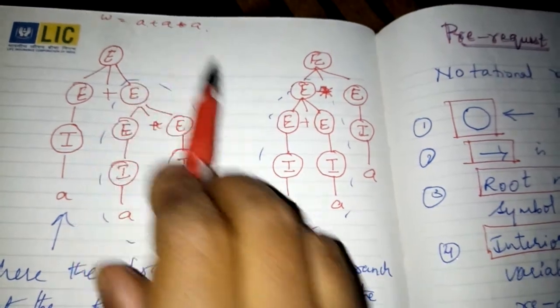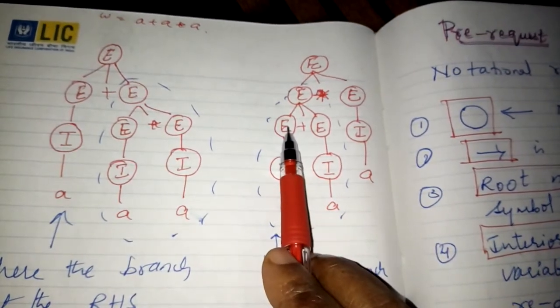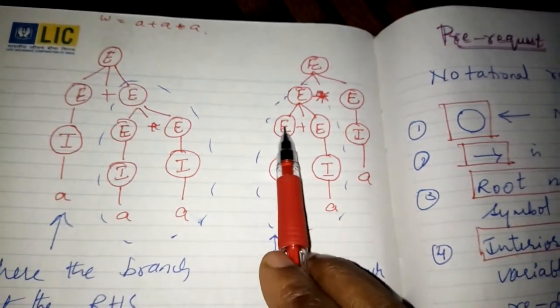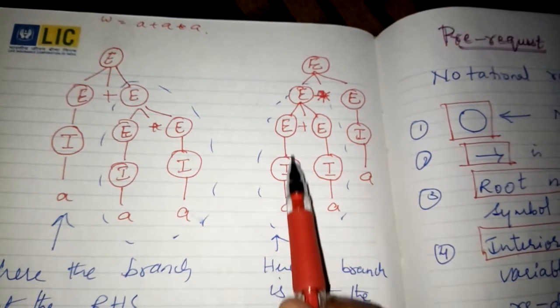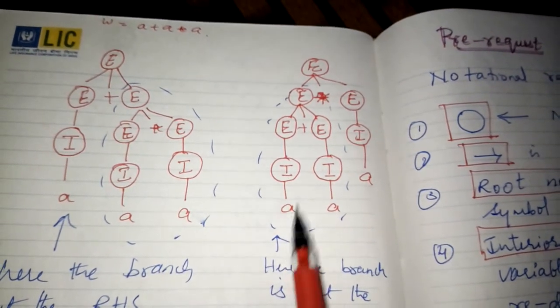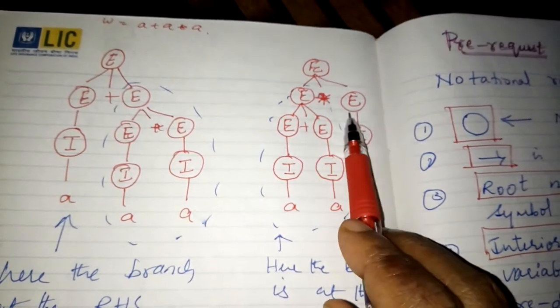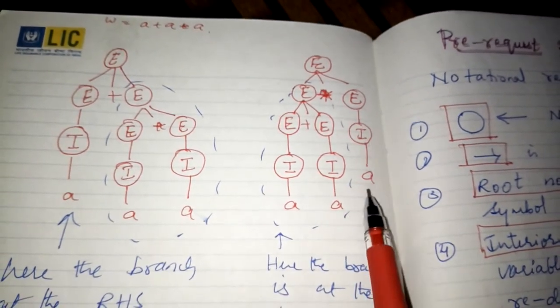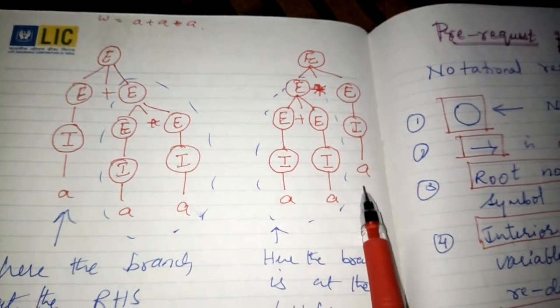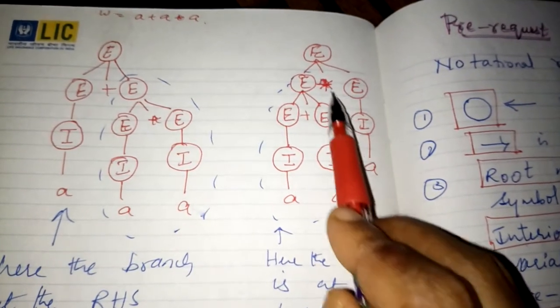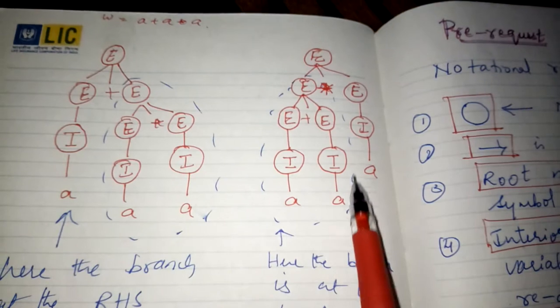So we'll have the plus here. So I'll have the sum of two expressions, E + E. Then come to the left side again. E derives I derives a terminal. Expression derives an identifier, derives a terminal. Then E derives I derives a. Again here also I have shown in the dotted lines where the branch is.